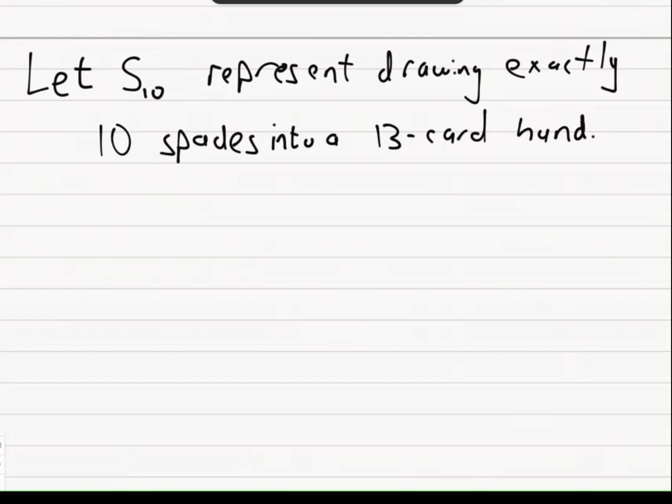So if we let this set S sub 10 represent drawing exactly 10 spades into a 13 card hand, then we can use the partitions to solve this. So the probability that S10 occurs.